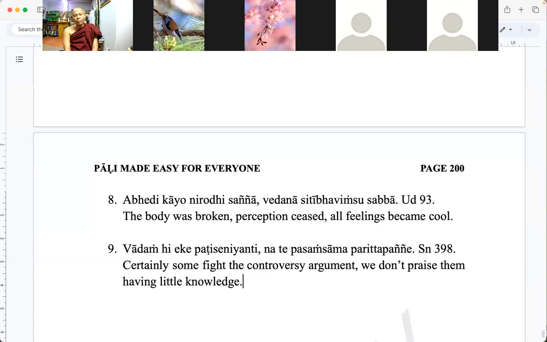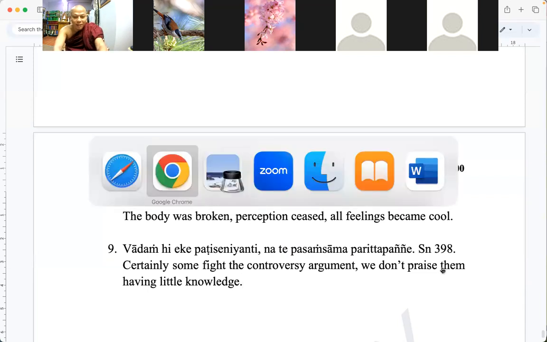They're trying to blame. Actually, if they are wise, we should discuss such a point. So that is one here. So certainly stand and fight the controversial argument, but we do not praise those shallow-headed, paritabinye, shallow-headed in the translation.